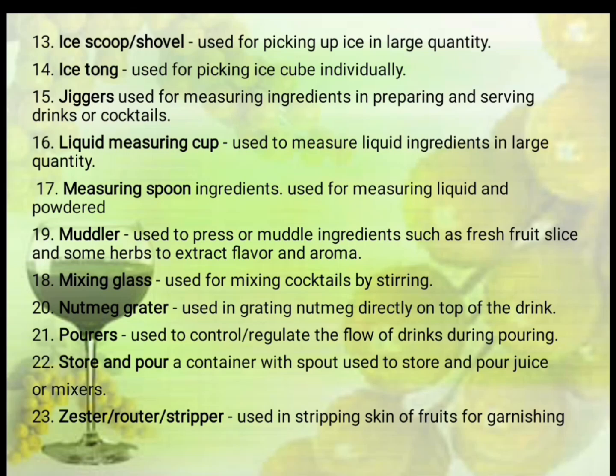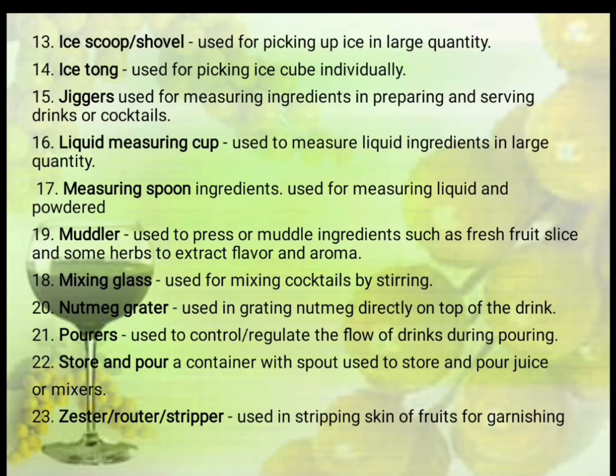Sixteen, liquid measuring cup, used to measure liquid ingredients in large quantity. Seventeen, measuring spoon, used for measuring ingredients, liquid or powder. Nineteen, muddler, used to press or muddle ingredients such as fresh fruit slices and some herbs to extract flavor and aroma. Eighteen, mixing glass, used for mixing cocktails by stirring.